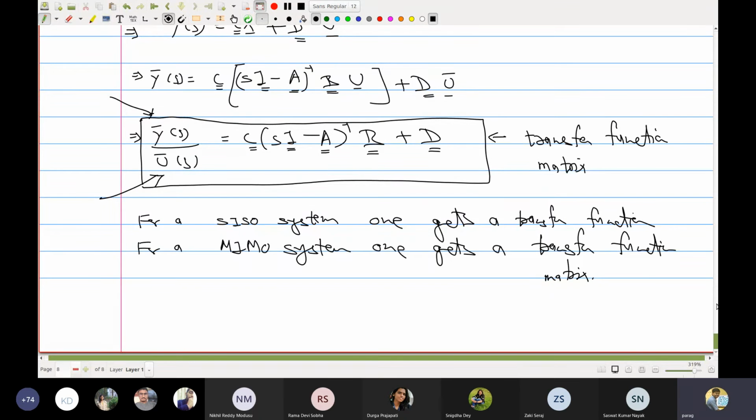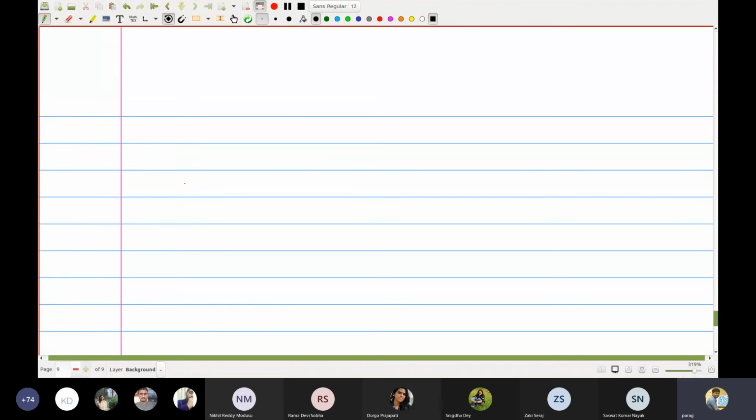Okay, one gets a transfer function matrix. So this is the expression for the transfer function matrix. Fine. Now the question is that once we have analyzed a system in the transfer function domain, we could also have done this analysis in the state space domain.